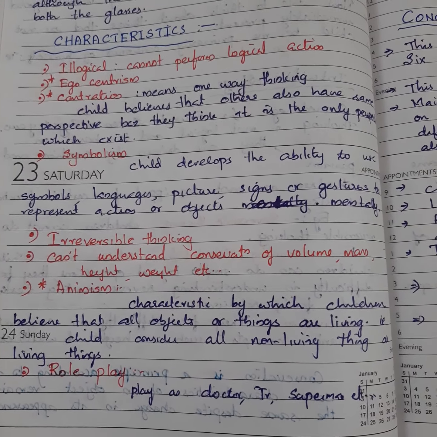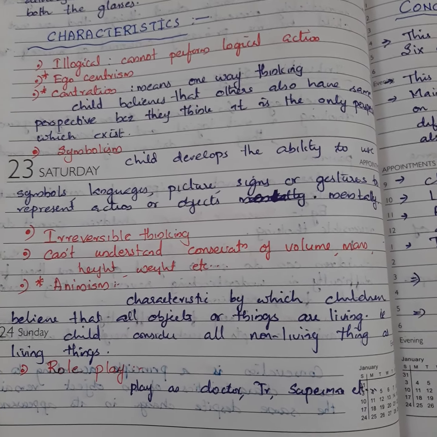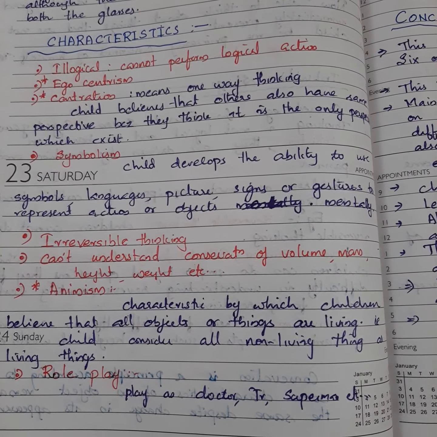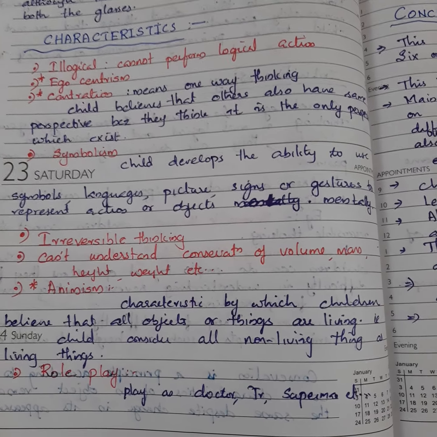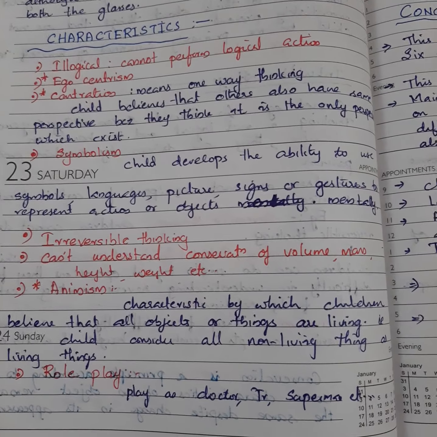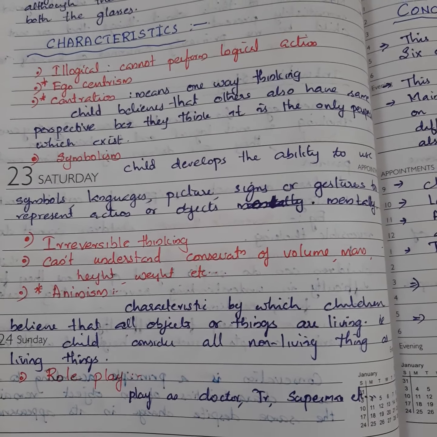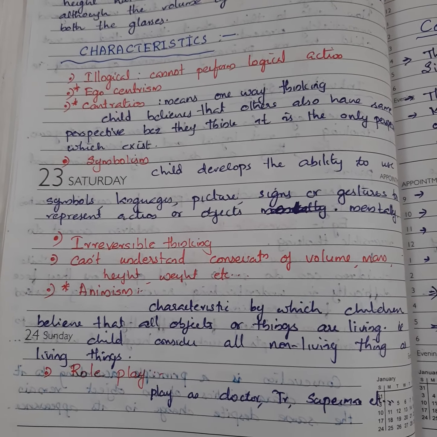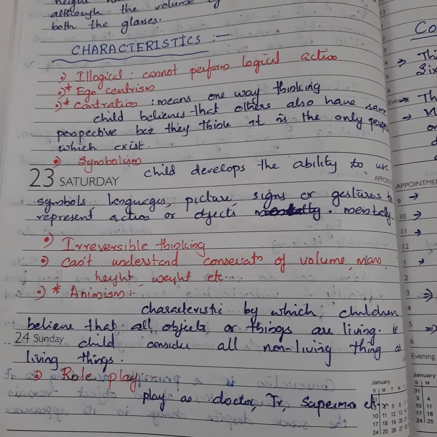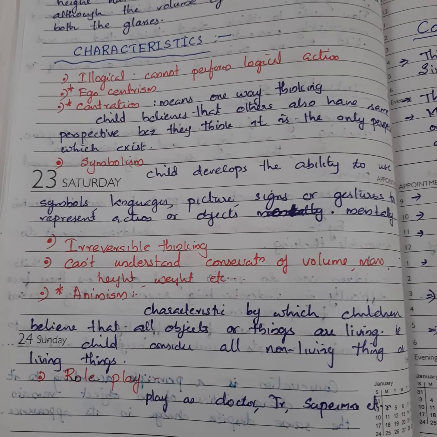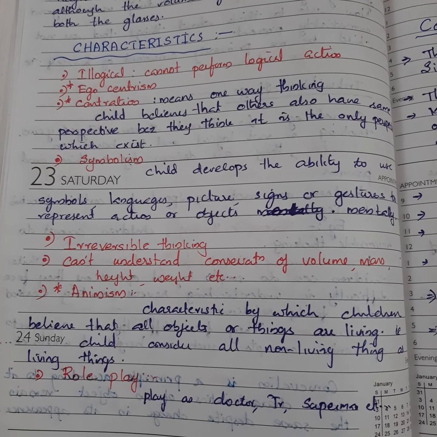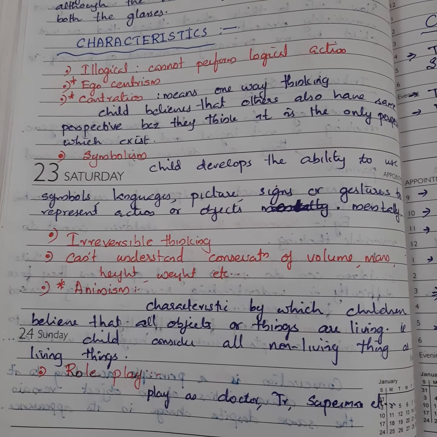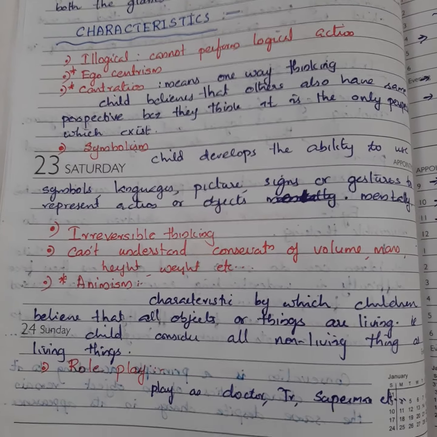Children play as doctors, teachers, Superman, etc., with those characters who influence their mind most. So role play is another characteristic of the pre-operational stage. And the best technique to demonstrate egocentrism is the three-dimensional display of a mountain scene, that is the three mountain task.